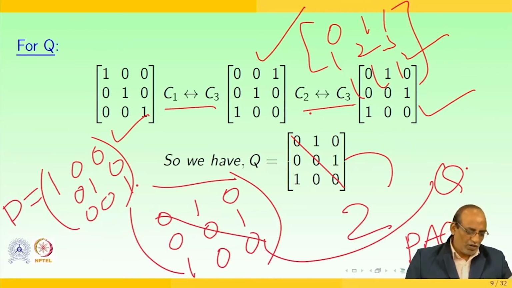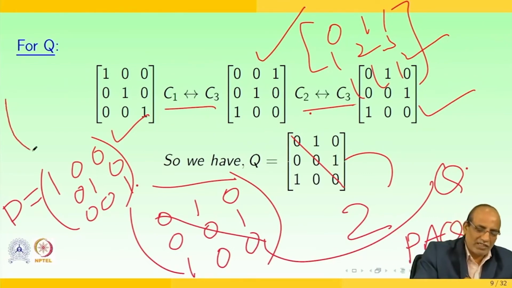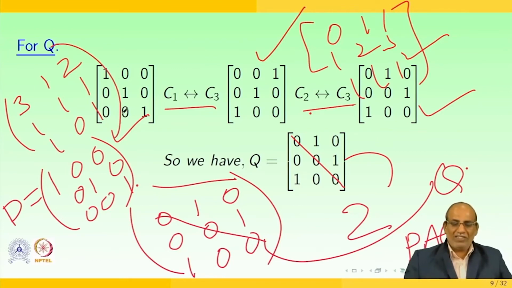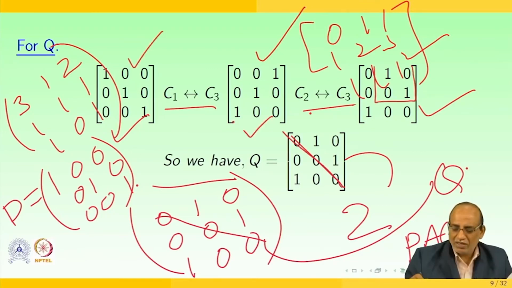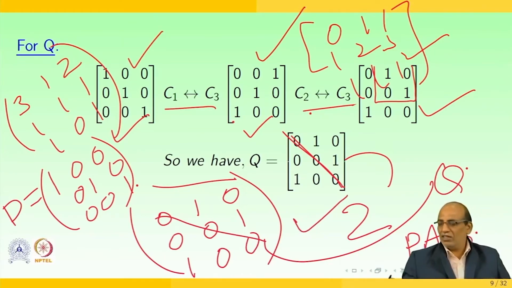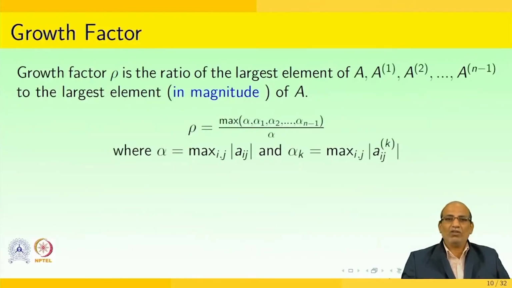Therefore you get the LU matrix like this: 3 1 2, 1 1 1 and 1 0 1. So essentially you have obtained two non-singular matrices P and Q in such a way that PAQ is equivalent to L into U.